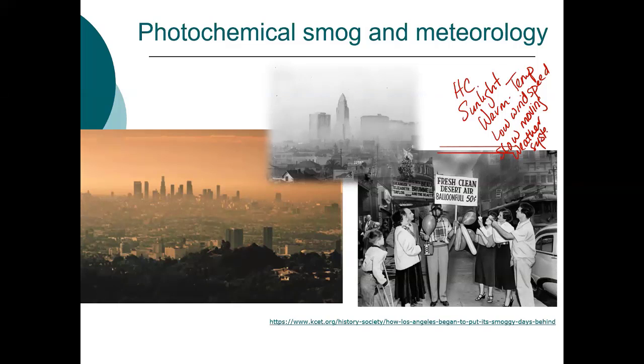We need time for these reactions to occur. We may have an inversion, and that inversion is holding these pollutants close to the Earth's surface where they're baking and reacting with the warmer temperatures and the sunlight.